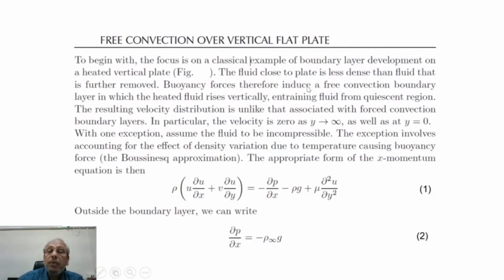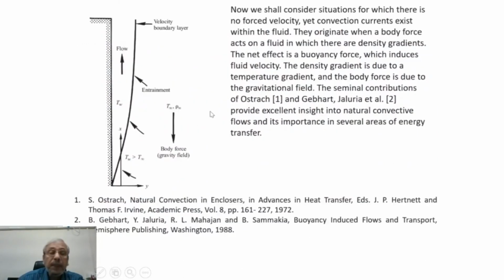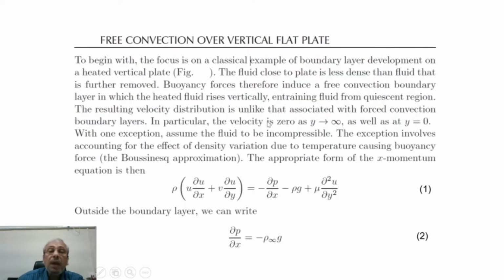The fluid close to the plate is less dense than fluid that is further removed. Buoyancy forces therefore induce a free convection boundary layer in which the heated fluid rises vertically. You can see the heated fluid rises vertically, entraining fluid from the quiescent region.